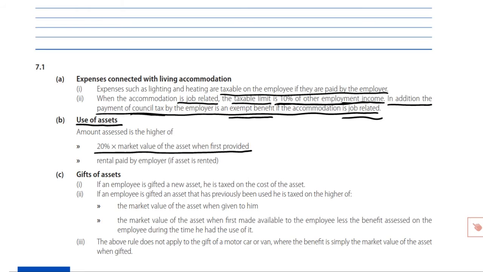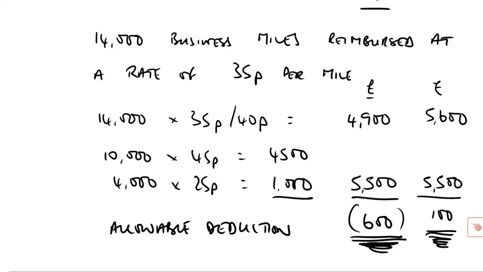Now that is other than being rental paid by the employer if the asset is rented. Again, don't imagine that they'll be renting the furniture and furnishings. It will have been bought by the employer. So if, for example, we had this information, make a note of the following information, please.